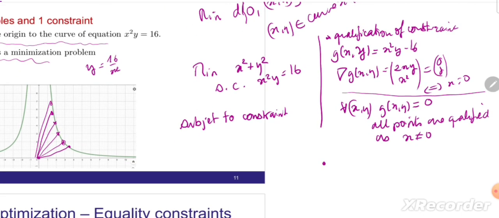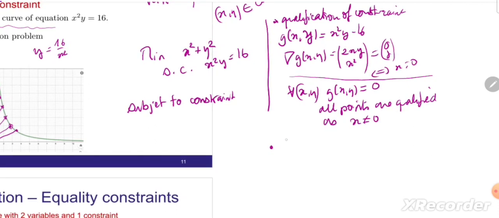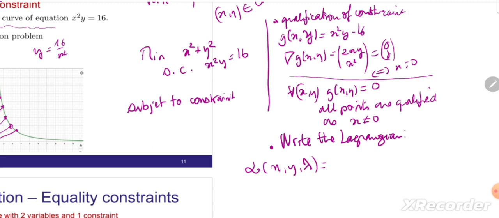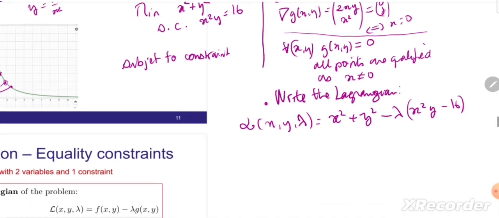The first thing we have to do is to write the Lagrangian. So the Lagrangian function of x, y, and lambda is going to be f of xy, so that's x squared plus y squared, minus lambda, my constraint, minus lambda times x squared y minus 16. Okay, that's my Lagrangian.